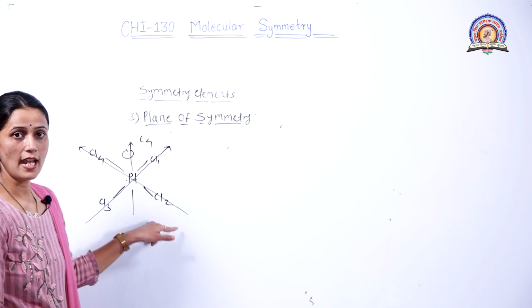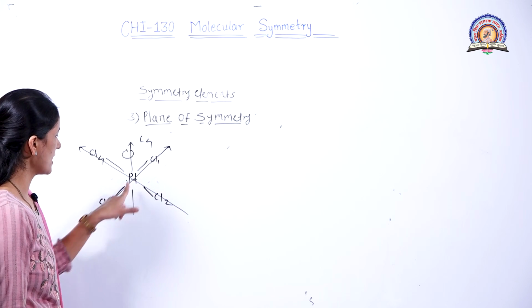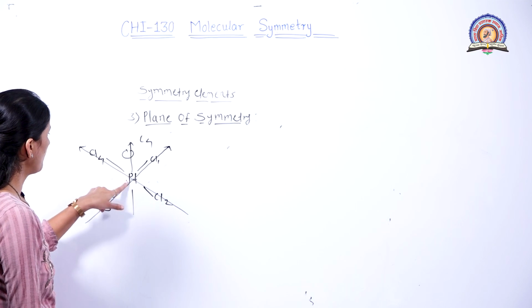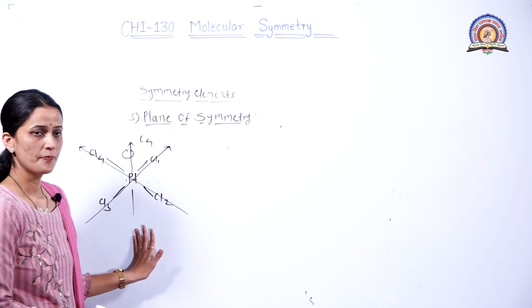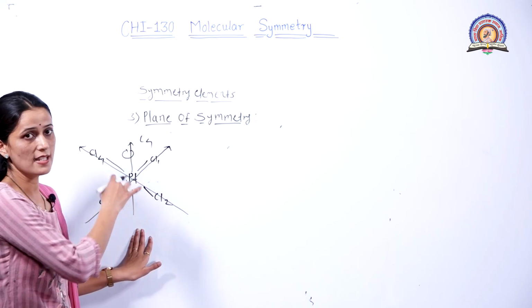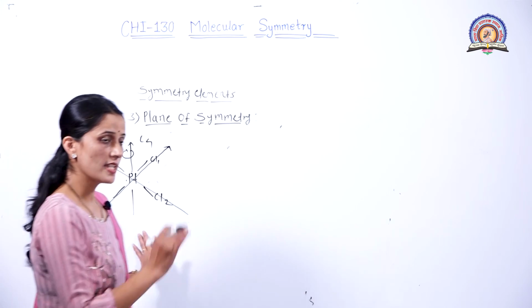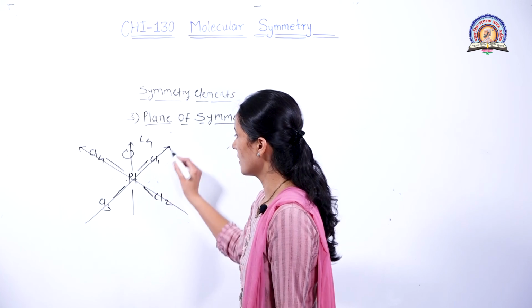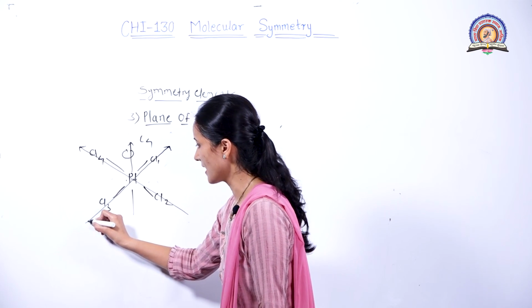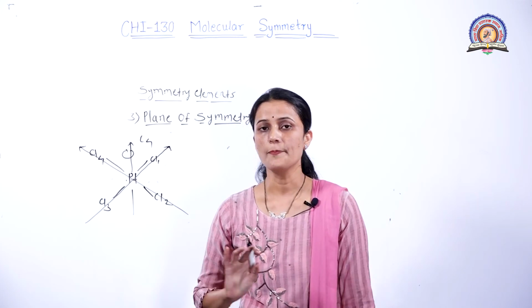This is your secondary axis which passes through Pt, Cl1, Cl3 and Pt, Cl4, Cl2, and this is your principal axis. Why am I choosing this as the principal axis? Because it is the vertical high order axis, because C4 is its order, and if I pass the axis through this, the order is only C2.